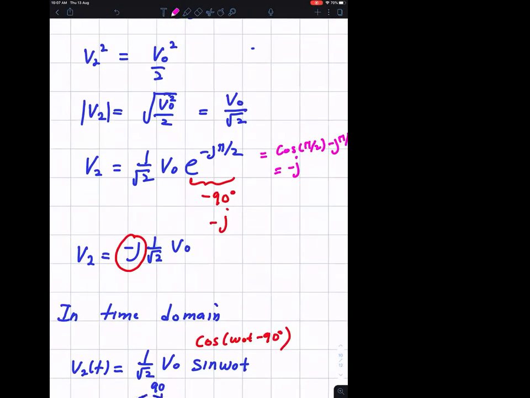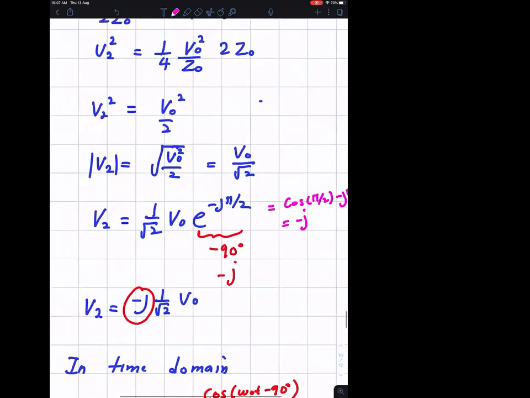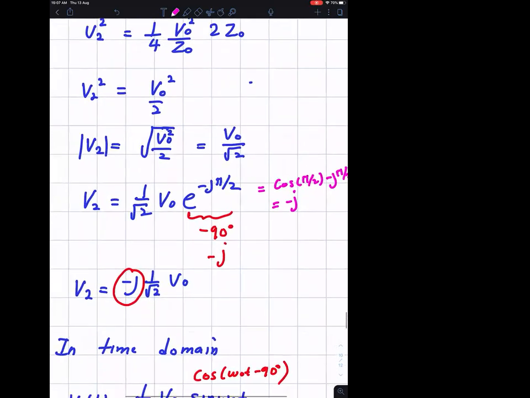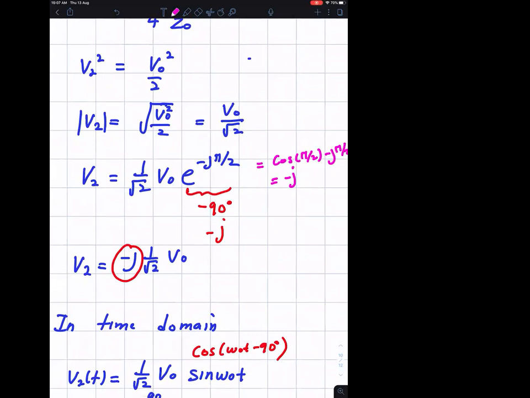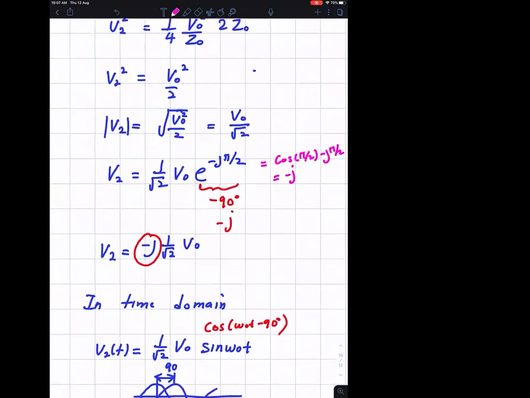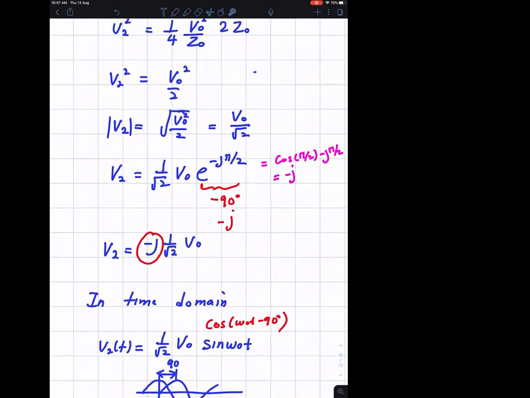It's minus j because the input voltage is traveling through a quarter wavelength. Quarter wavelength in degrees is minus 90 degrees. So that is V2, it has a minus j. That's one way of writing.